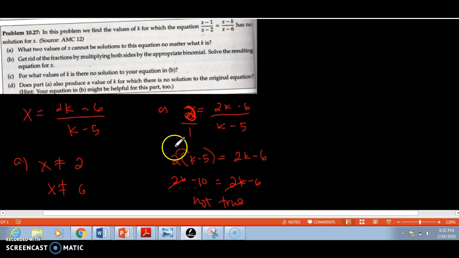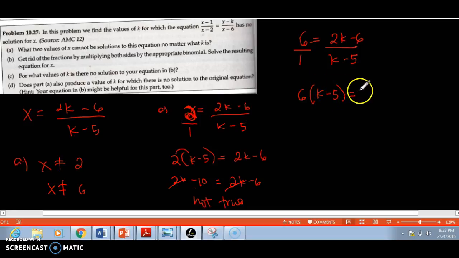Now if we try 6, we do this again. We say 6 is equal to 2k minus 6 over k minus 5. This is a whole number, just put over 1, cross multiply, so you have 6 times the denominator k minus 5 is equal to 1 times the numerator 2k minus 6, and we distribute this. You have 6k minus 30 is equal to 2k minus 6.